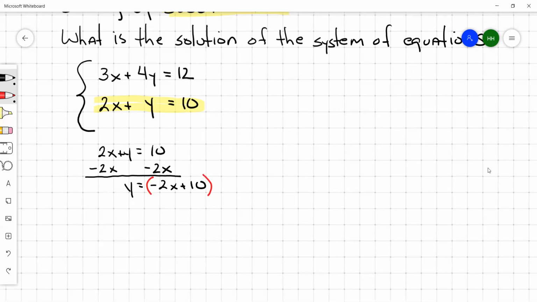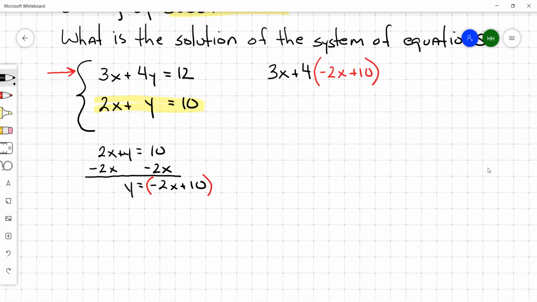Once you know what the y value is equal to, you go back to the other equation right here, and where there's a y, you substitute the negative 2x plus 10. So we're going to rewrite this top equation. We've got 3x plus 4, and now, where there's a y, instead of writing the y, we're going to write what y is equal to, which is negative 2x plus 10.